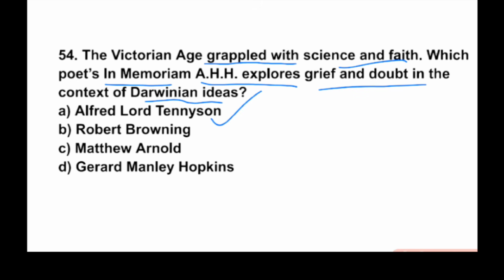Option A, Alfred Lord Tennyson, In Memoriam, 1850. Reflects the Victorian struggle with faith and science, securing its canonical status.